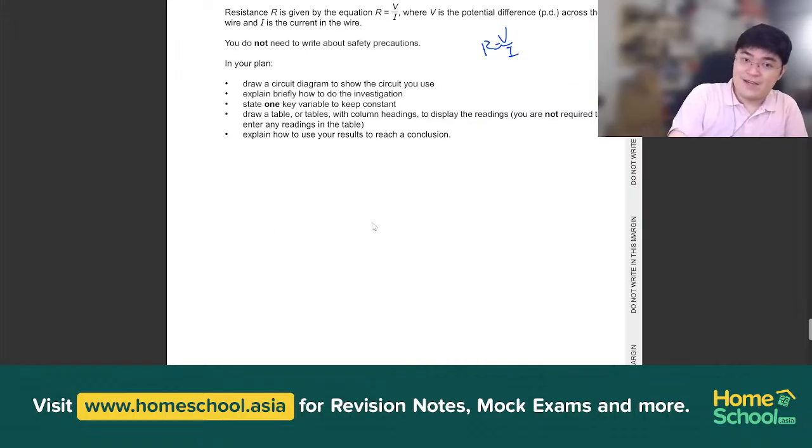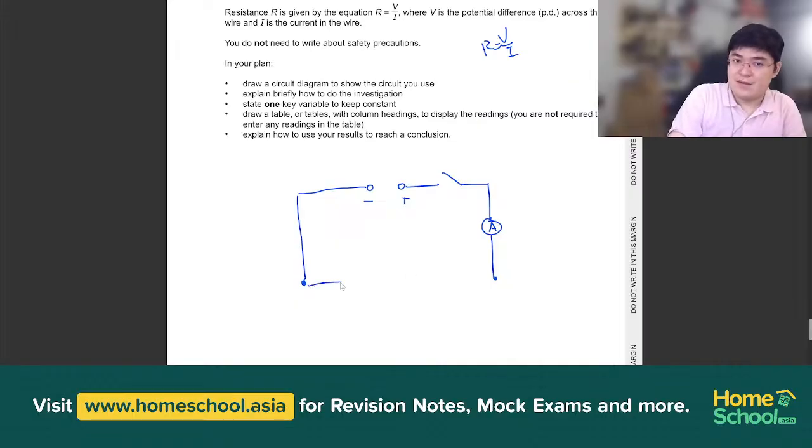circuit diagram. So, you have a power source, plus, minus. We definitely need a switch to be a bit safer. And then we connect an ammeter directly in series with the wire, which is right here. This is the wire over here. This is the length of the wire.